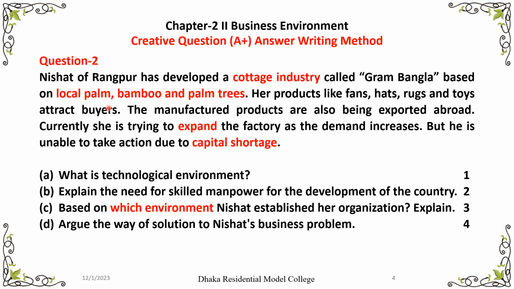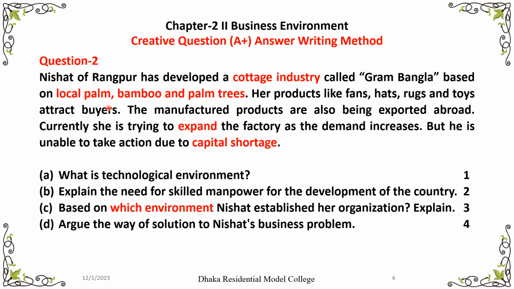So, to fulfill the capital shortage, she has to collect the necessary money from financial institutions like banks or other sources. These are the elements of economic environment. So on the basis of economic environment, the solution will be that Nishat has to collect necessary money from any sources to solve her problem.